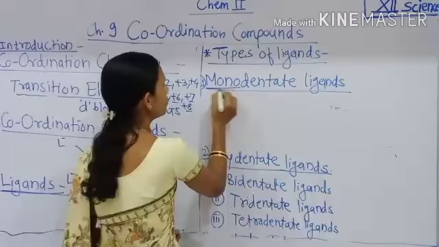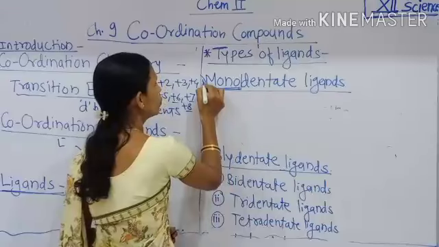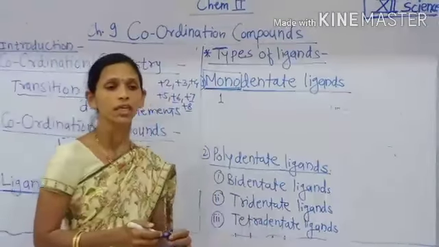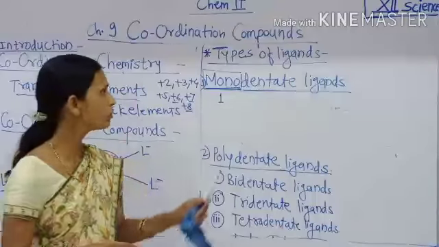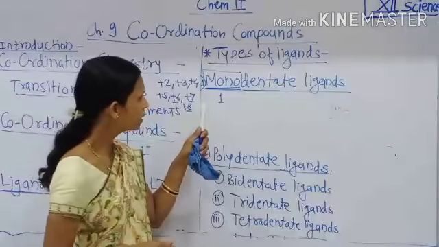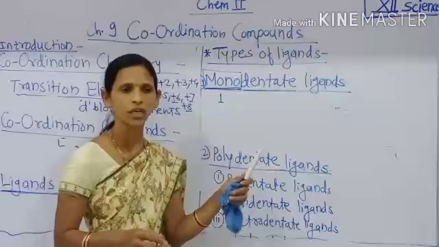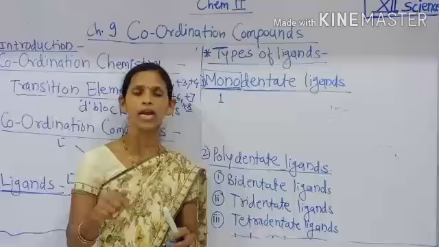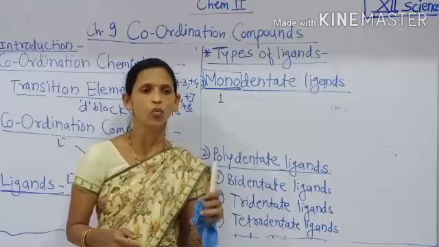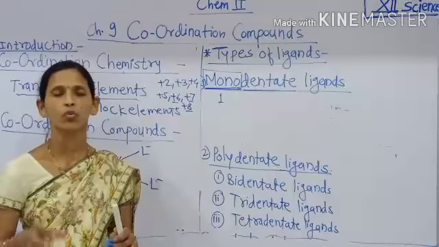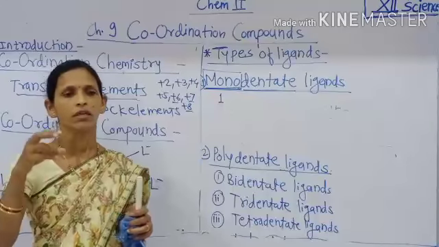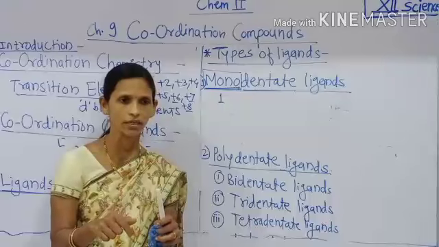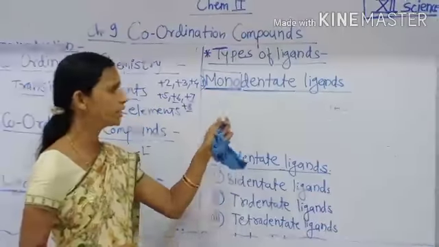The name itself indicates that mono means one, and dentate refers to the number of attachments of donor atoms. A monodentate ligand may be a molecule, ion or atom which has only one donor atom or one point of attachment which can form the coordinate bond with the central metal ion.